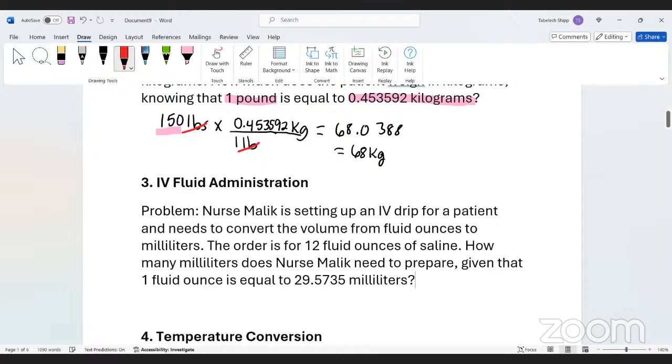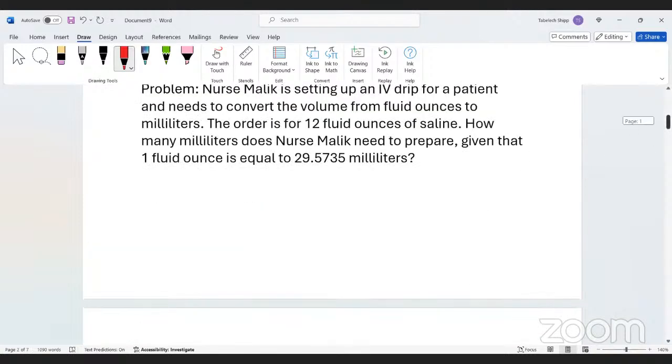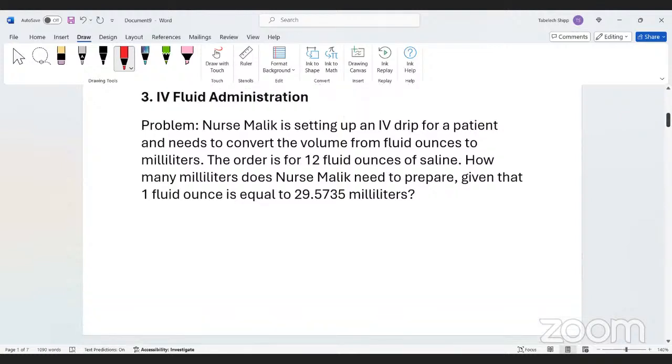So we're going to do another problem, because again, I'm all about doing multiple examples so that if you're doing this at home or with your teachers or you're assigned homework problems, you know what to do. Okay? So on this next problem right here, IV fluid administration.